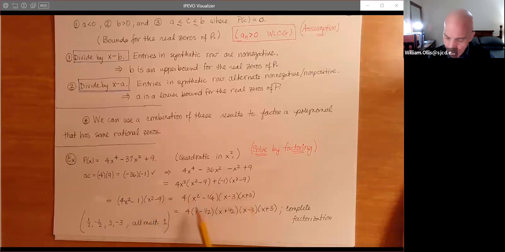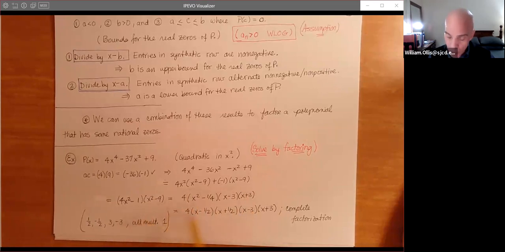Now you might be thinking, what's Professor Ron doing here? Well, I'm doing a complete factorization, which is something we're going to talk about as we proceed into the next section. So I might as well go ahead and introduce it now. I can factor this as a difference of squares as 2x minus 1 times 2x plus 1. So what I did is I just factored the 4 here.